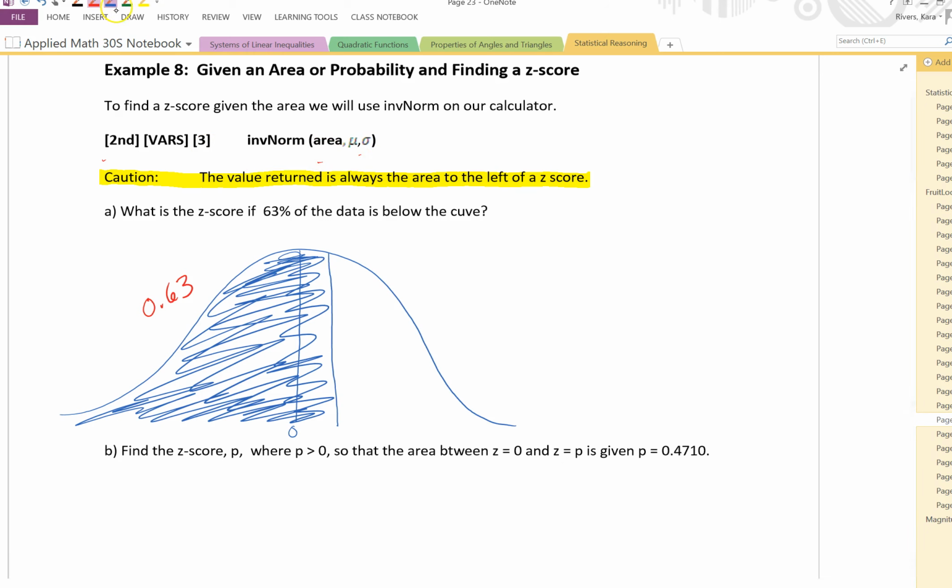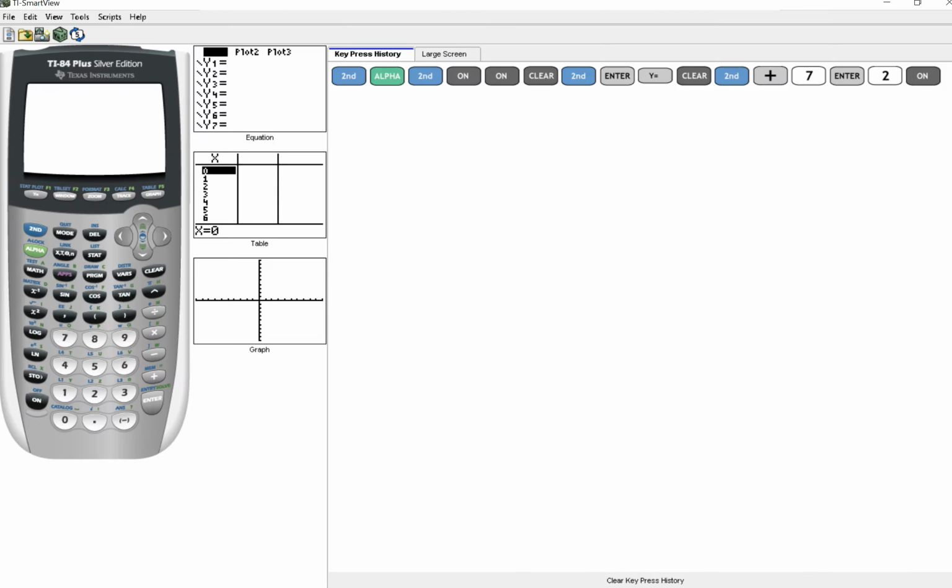When I'm actually writing this out, we would go inverse norm. My area is 0.63. My mean here, because this is a z-score, is 0, and my standard deviation is 1, since each interval is counting up by 1. In my calculator, I would go to second, vars, the same menu we were in before, and now you can see we've got our normal CDF, and right below that, number 3, is my inverse norm.